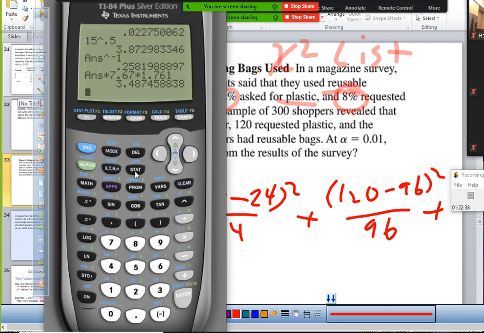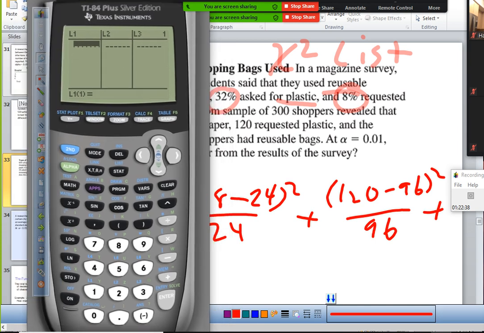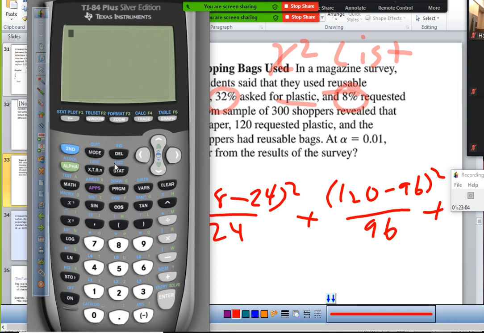So the way you do that is you go to Stat, Edit, you put your observed, let me clear this, clear Enter, and I'm going to put in my observed into list 1, so that's 28, stat, edit, 28, and then 120, and then the other one was the rest, so that would be 152, and then over here we have our expected, which is 24, 96, and 180.